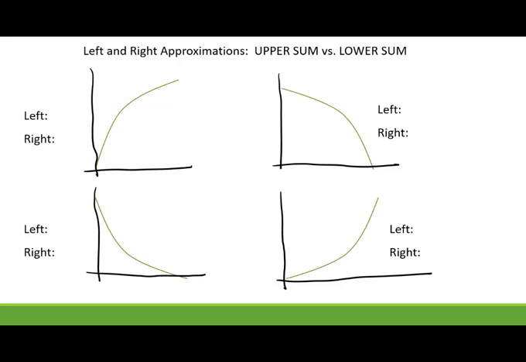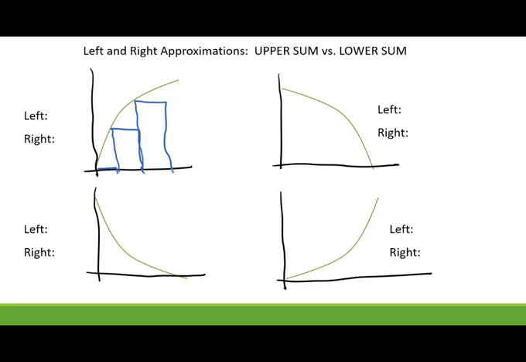So if I have my left endpoint, there's one rectangle. Left endpoint, there's another rectangle. Left endpoint, left endpoint. So this was increasing, concave down.